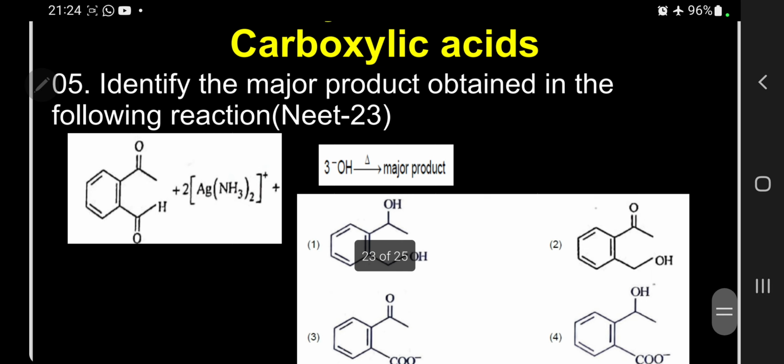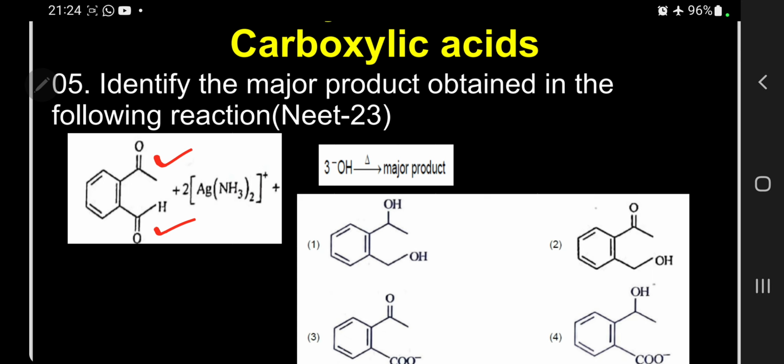Question number 5. Identify the major product obtained in the following reaction. Remember, my dear students, this is nothing but a benzene ortho substituted, one side acetyl group, another side aldehyde group, CHO. That means one side is acetophenone, another side is benzaldehyde, if you consider.